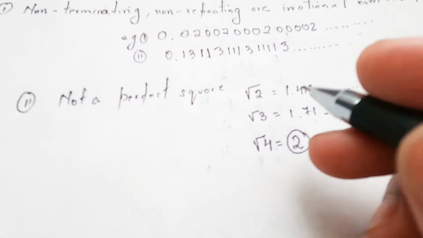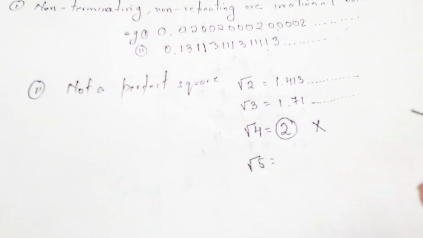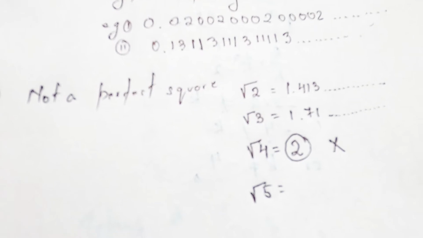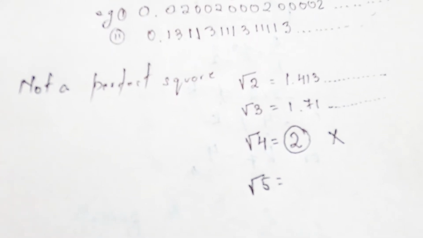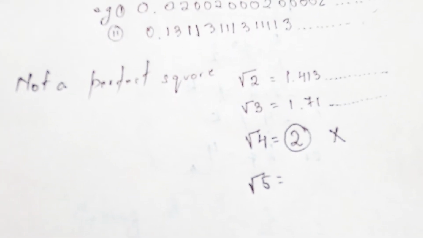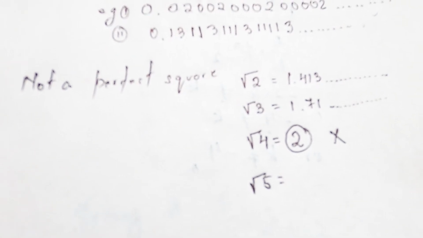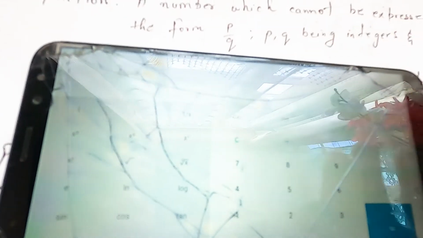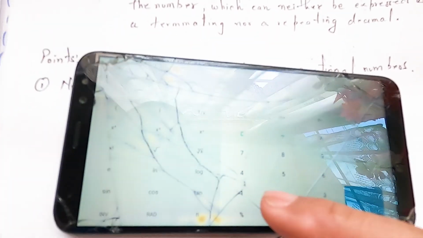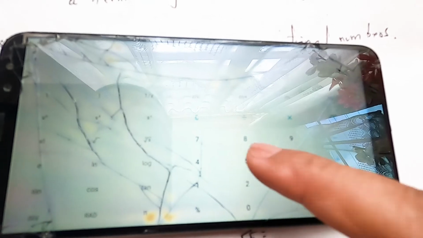Alright, so what about root 5? Let me check, we can use a calculator. The value of root 5, as you can see, will be 2.23609, so on and so forth.